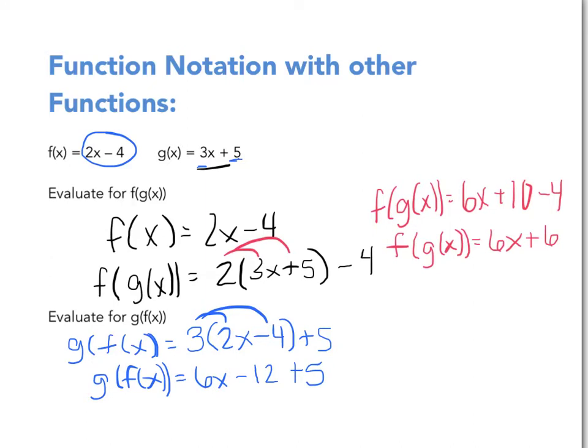And I'm going to continue simplifying this, so I get g of f of x equals 6x minus 7. So it's not exactly the same, but it's pretty close with our 6x. We just have a different constant over there.